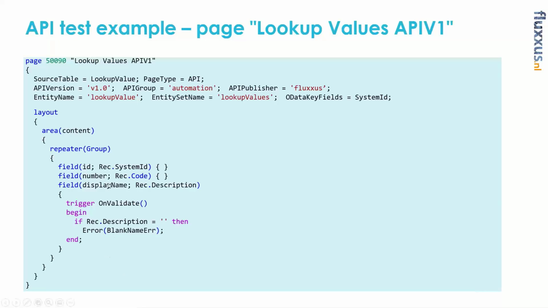There is some additional business logic implemented, as I told you. If the description is empty, it should error. And my API is defined by the fact it's a page of type API, my version, group, etc. And the entity set name is called lookup values. I learned a lot of things here.